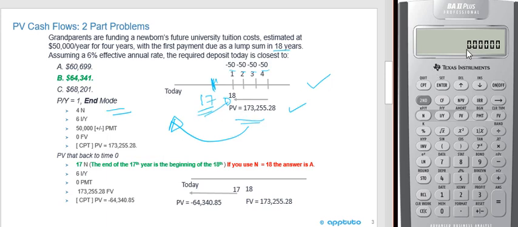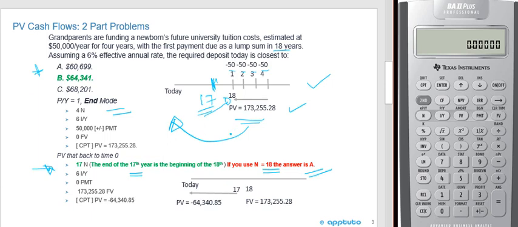So if I'm running the calculator in the end mode, when I do my present value formula, I'm going to use n equals 17. If I use 18 and I'm in the end mode, the answer is going to be A, and I'm going to get the wrong answer. So it's really important to understand the timelines.